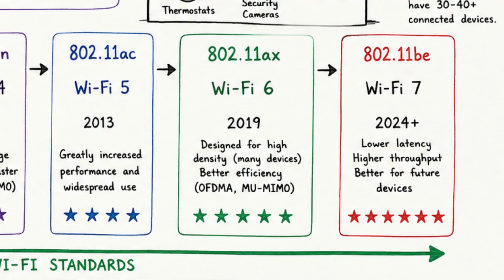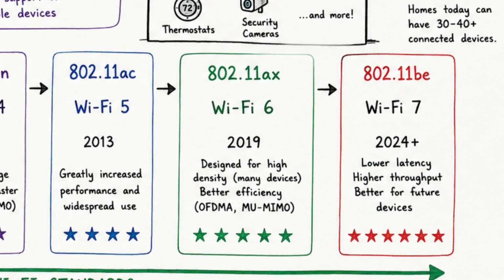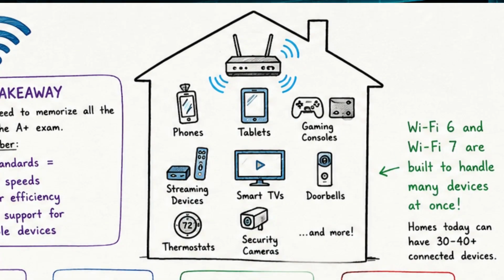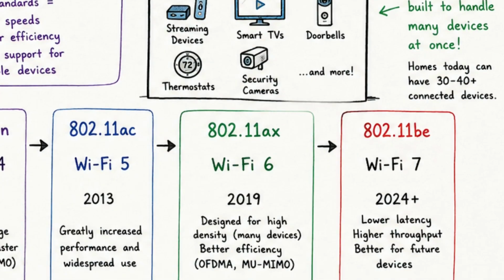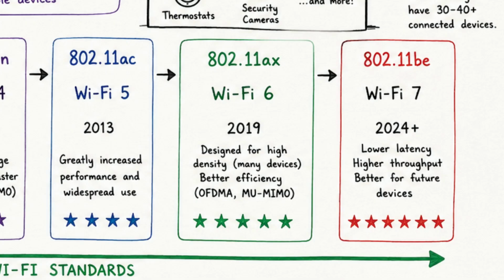Next came Wi-Fi 6, officially known as 802.11ax. Wi-Fi 6 isn't just about faster speeds. It was designed to handle many devices connected all at once. So think about your home. Think about phones, tablets, gaming consoles, streaming devices, smart TVs, doorbells, thermostats, security cameras. Your wireless network might have 30 or 40 connected devices today. Wi-Fi 6 was specifically built for environments just like that.